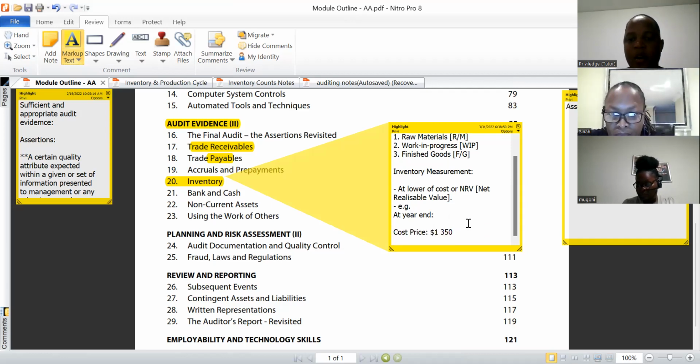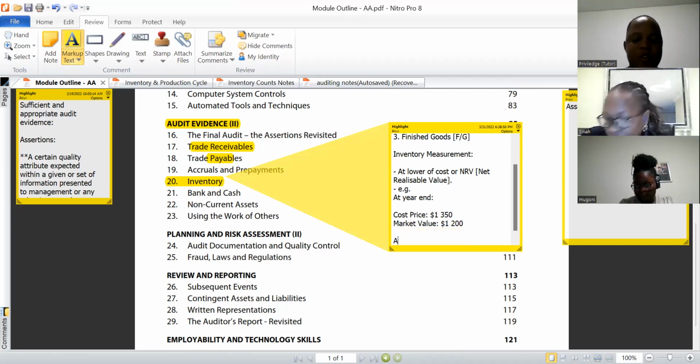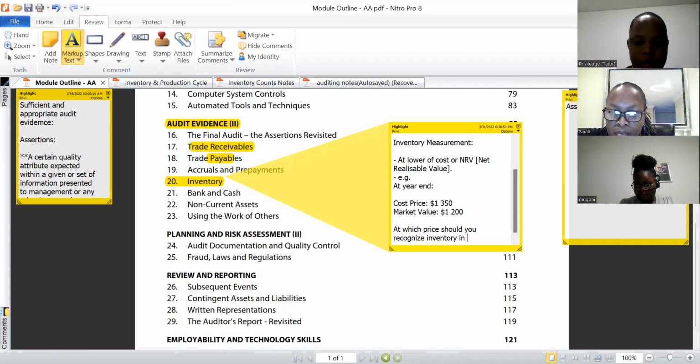Maybe that is the value of inventory that we have at cost price. And then we are told, well, the market value of this inventory is 1,200 US dollars. Now, question comes, at which price should you recognize inventory in your books? Just a simple basic question.